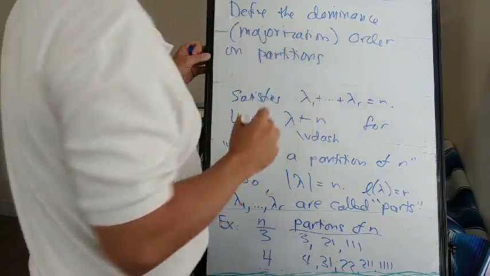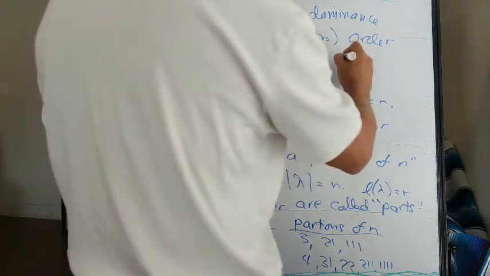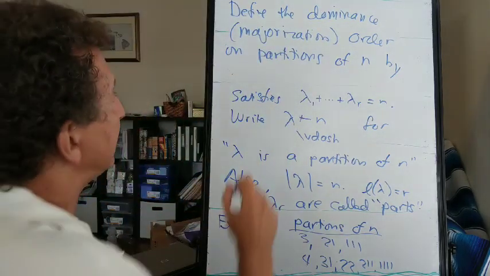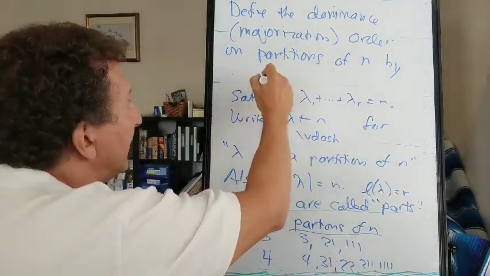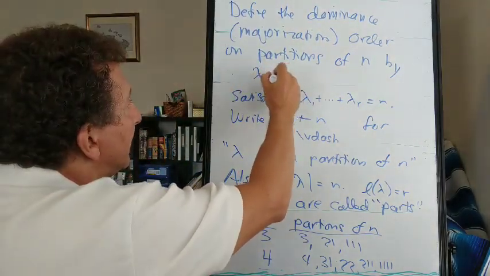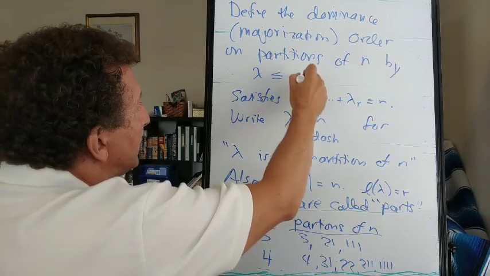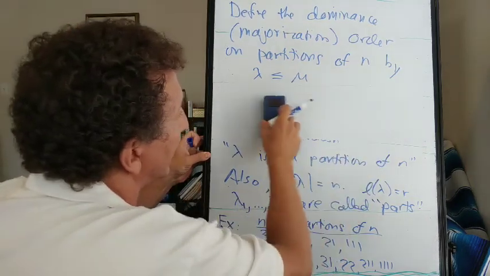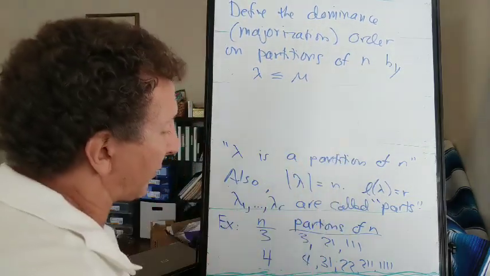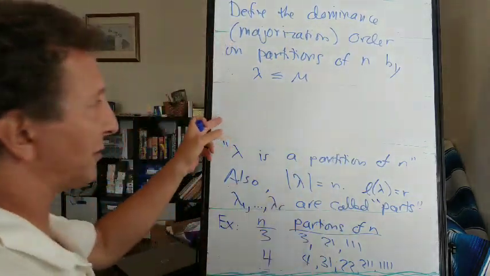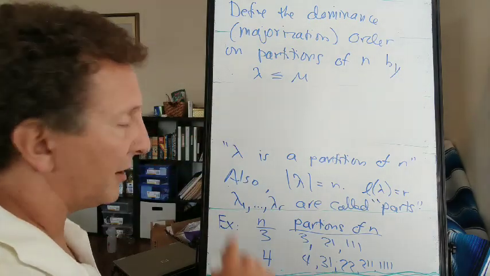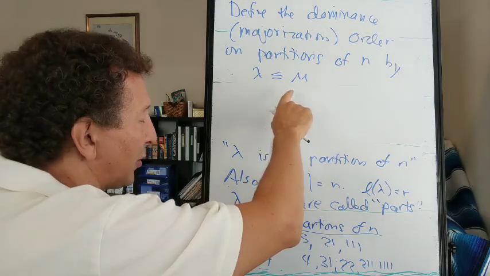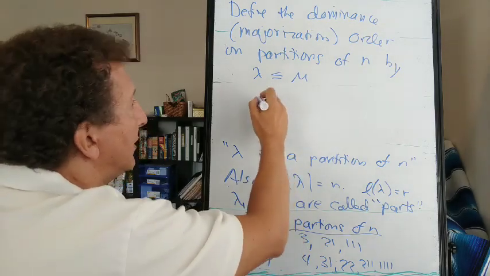We define the dominance or majorization order on partitions of n by declaring that lambda is less than or equal to mu if each of the partial sums of lambda is less than or equal to the corresponding partial sum of mu.